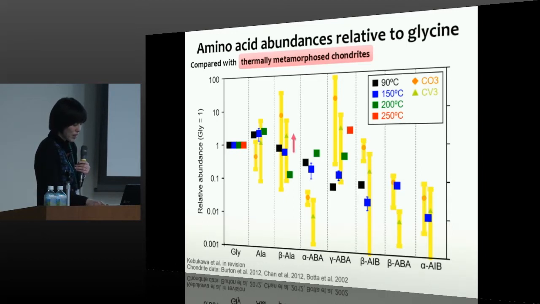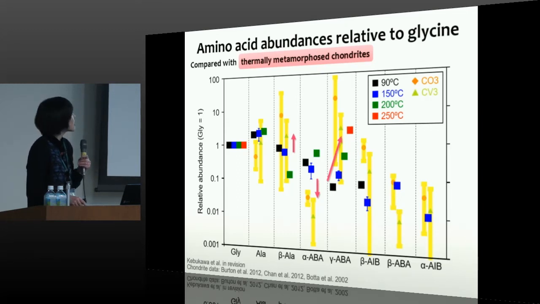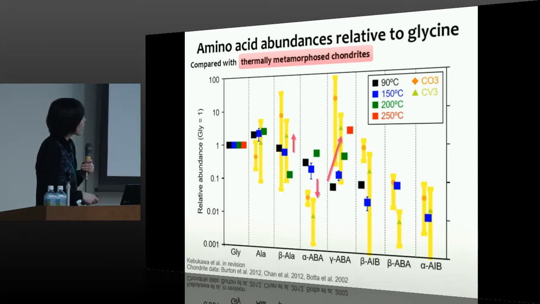The beta-alanine is much larger, and alpha aminobutyric acid is smaller. Also gamma aminobutyric acid is larger than in lower temperature products, which is consistent with the increase of gamma aminobutyric acid with temperature.